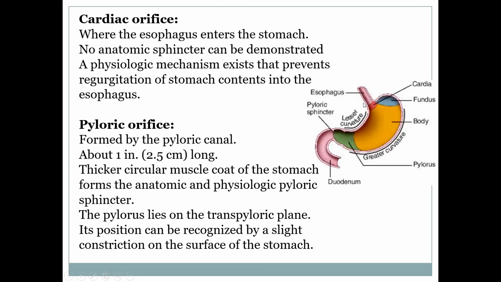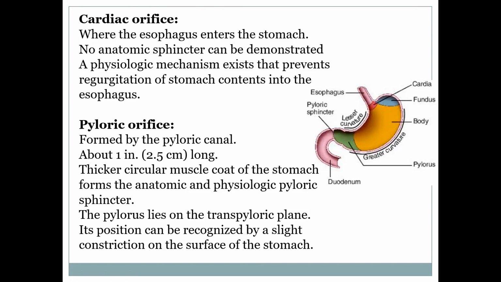Then you have the cardiac orifice, the place where the esophagus connects with and enters the stomach. Here you can't demonstrate an anatomic sphincter, but you can explain a physiologic mechanism that prevents regurgitation of stomach contents.